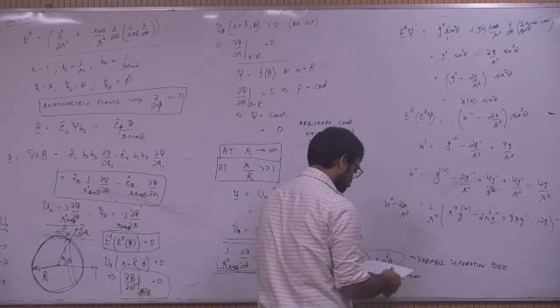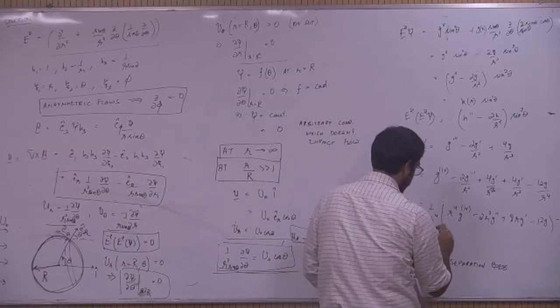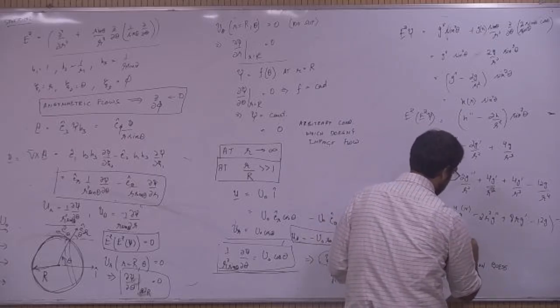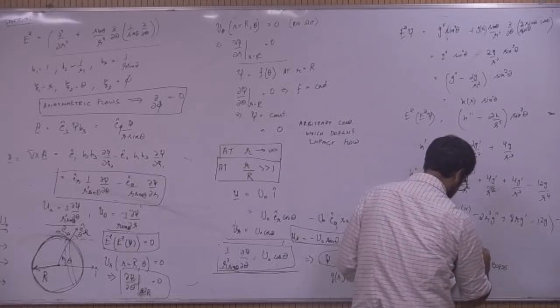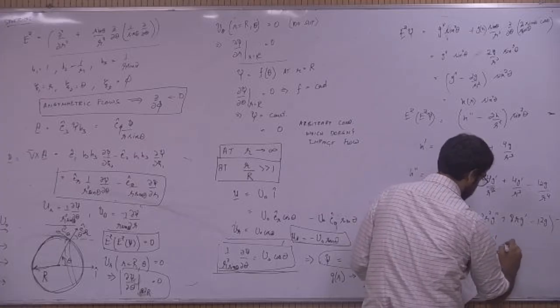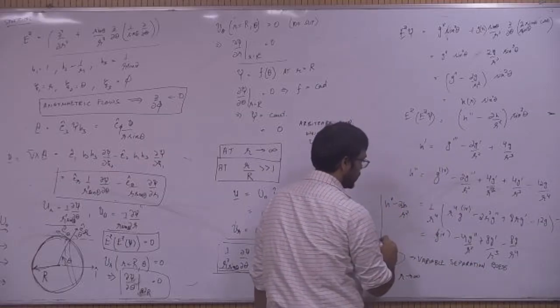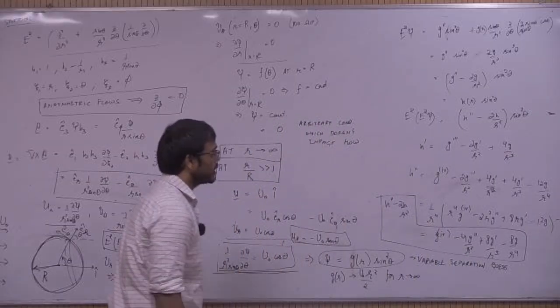What do we get eventually? We will get an equation that g fourth derivative minus 4g double prime over r square plus 8g prime over r cube minus 8g over r to the power 4. That is what h double prime minus 2h by r square gives us.